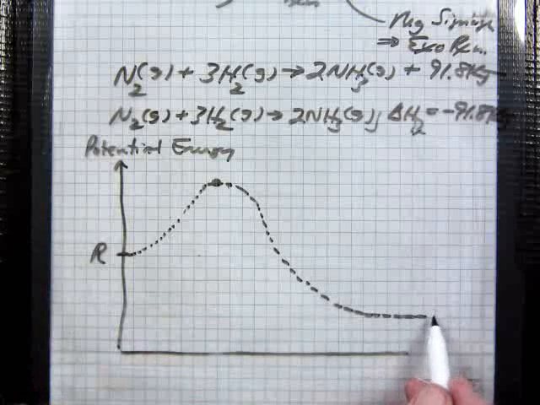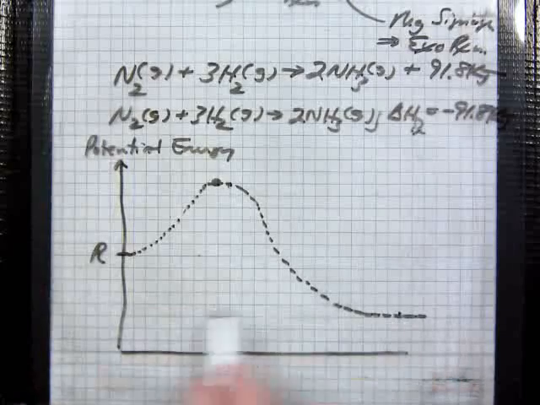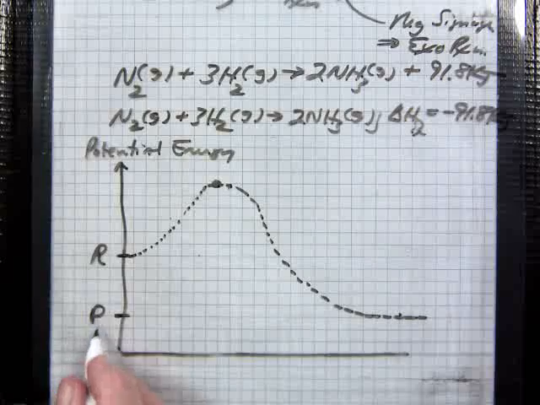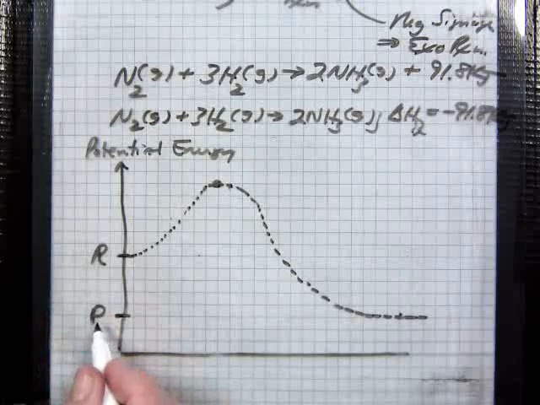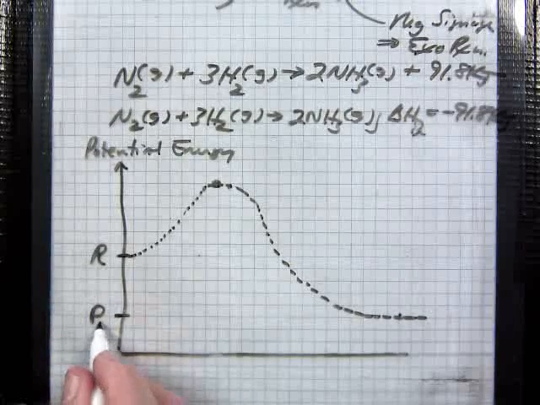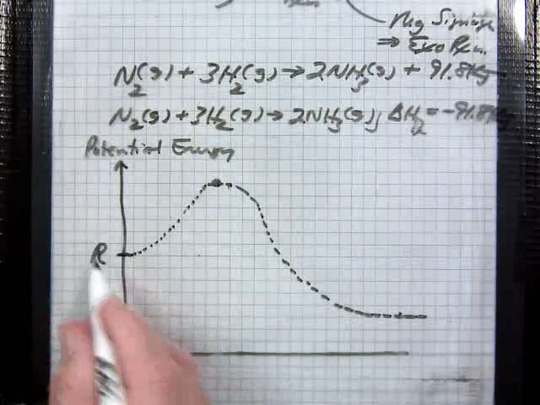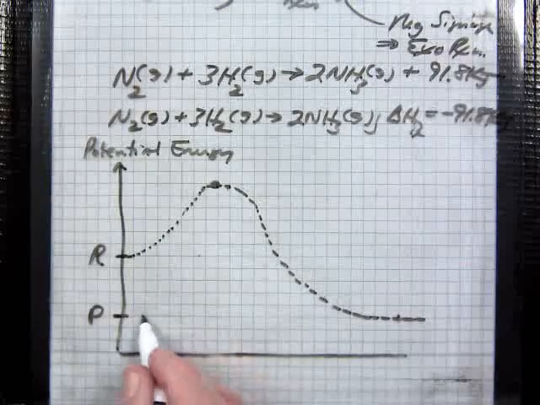So this is the position of your product. So here's your product potential energy right here. And so you have energy of your products minus energy of your reactants, and that gives you what we call heat of reaction.